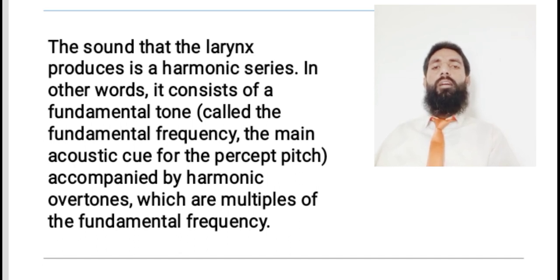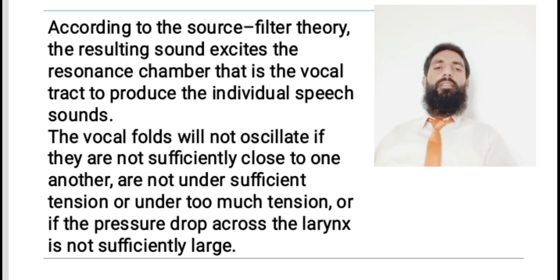So on the whole, the study of sounds is called acoustics. It is accompanied by harmonic overtones, which are multiples of the fundamental frequency. There can be a variety of sounds, and the sounds can vary from people to people.